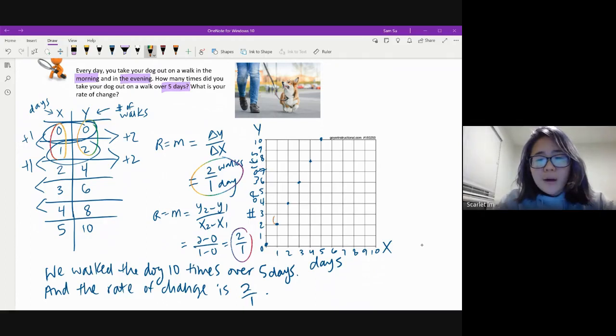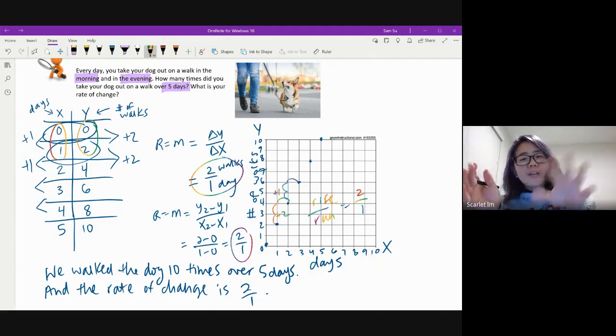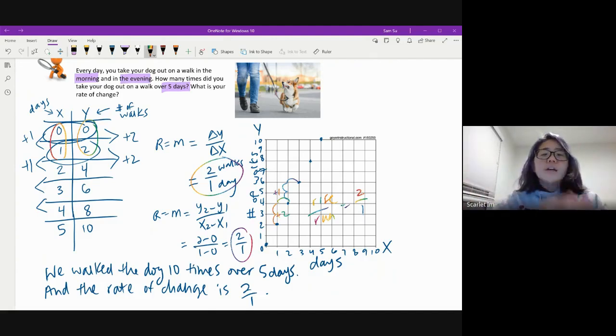You notice that we go up 2 and over 1 to make these points. But don't worry too much about that. What you really need to remember is that it is a ratio, it is a fraction. You're comparing the change in your y values, or outputs, over the change in your x values, or inputs.